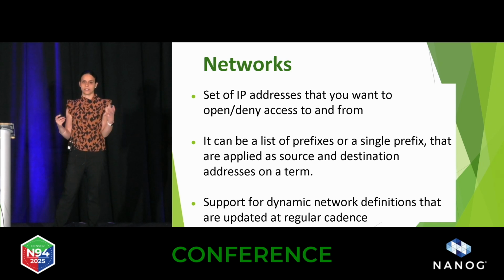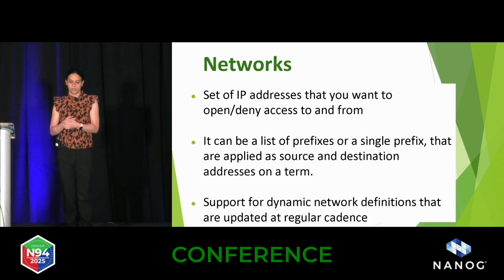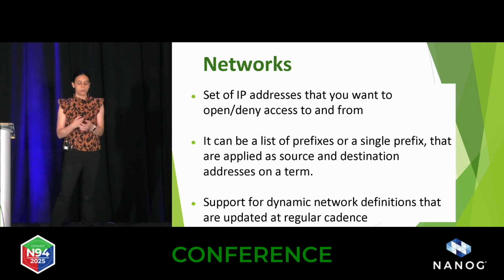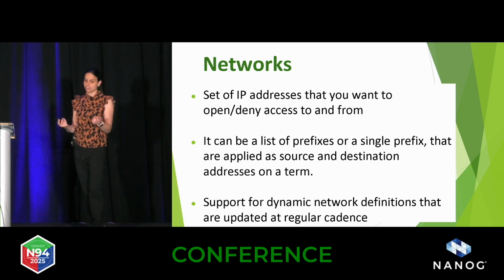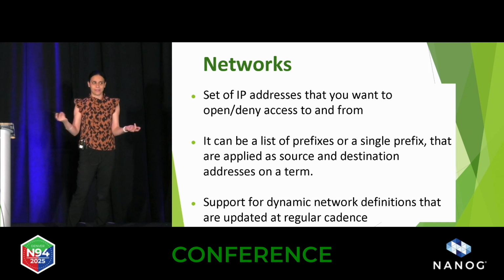A single network can contain a single prefix or a list of prefixes, depending upon what you want to open or close access to. At Meta, we support something called dynamic network definition. Some networks change at a regular cadence, and it is not possible for users. When I say users, I mean different teams inside of Meta that interact with firewalls.